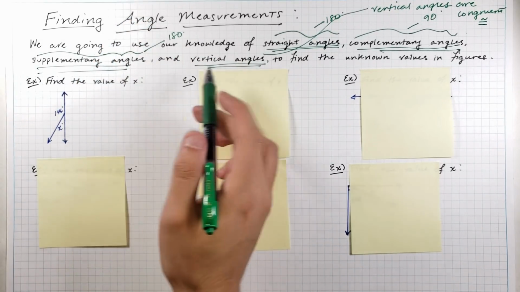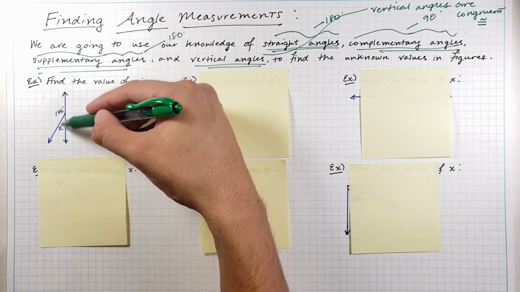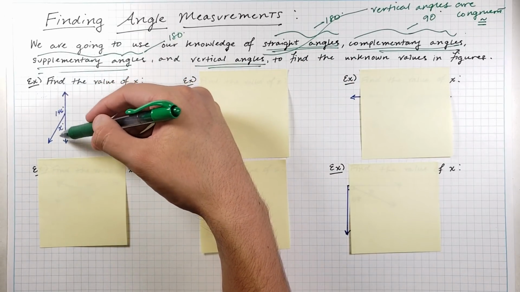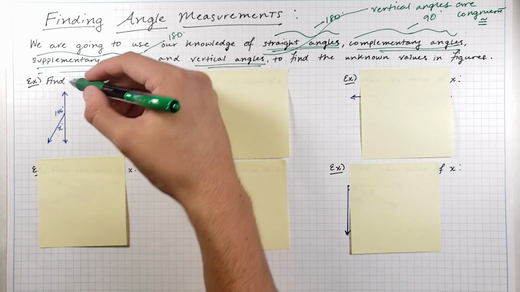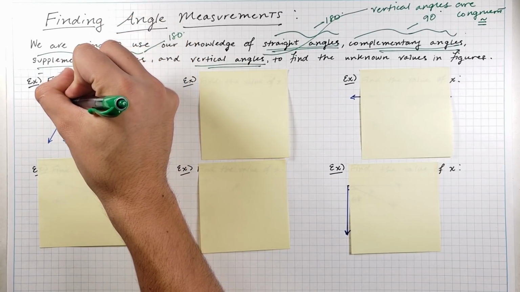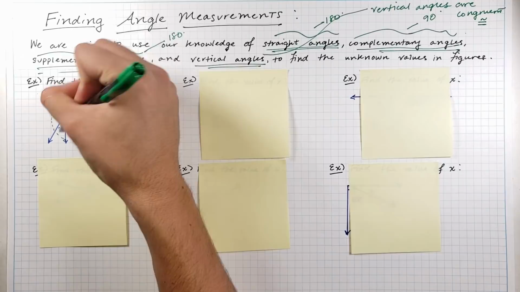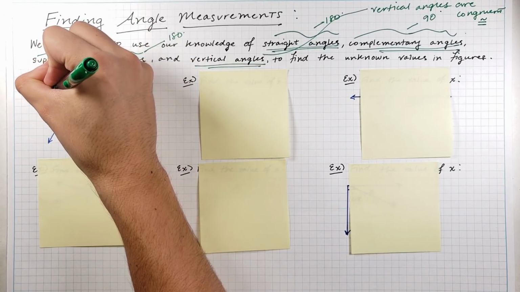So what do you know about having a straight line? Well, if you have a straight line like this, then you have a straight angle that goes along with it, right? So we know that this straight line has 180 degrees total. This little arc I made here has 180 degrees total.